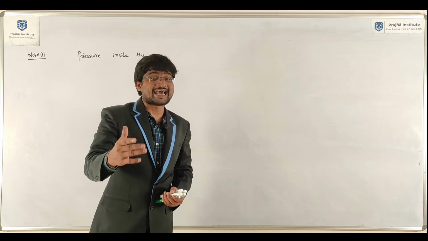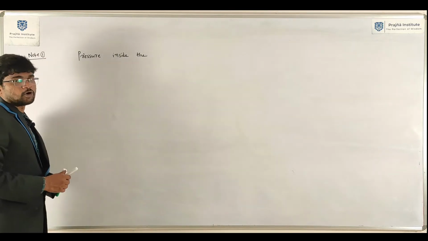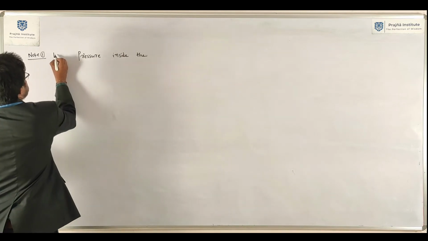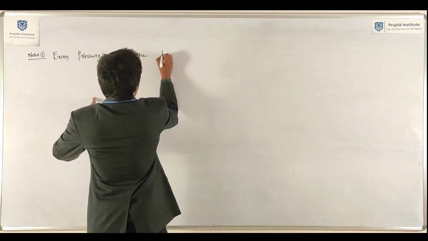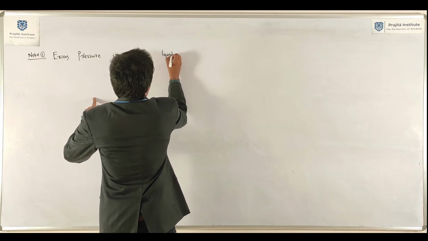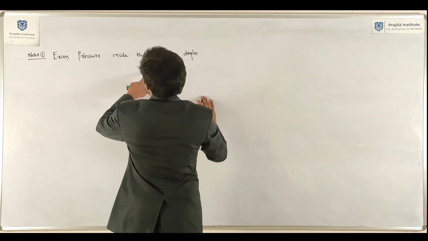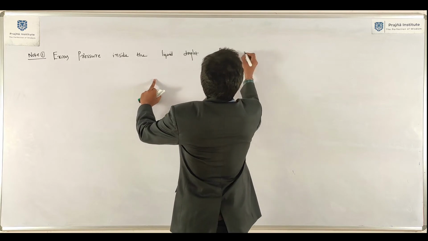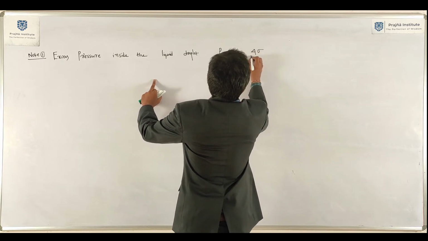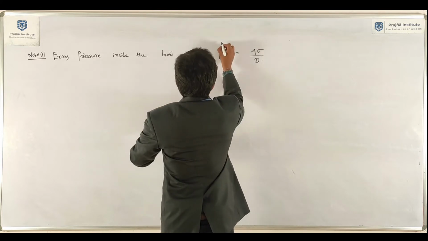You can call it excess pressure inside the liquid droplet. So the excess pressure inside the liquid droplet is 4 sigma by d. It is droplet.